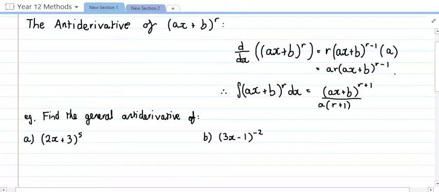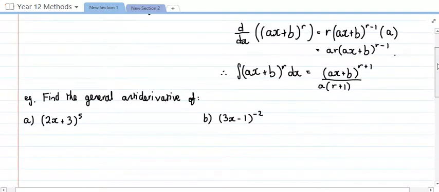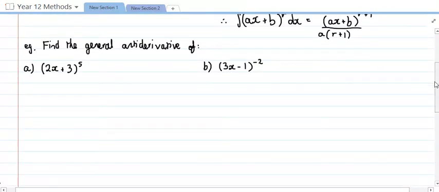So again, it doesn't work if r in this case is -1, and we have a special rule for dealing with that. So let's just see how it works in a couple of questions. Find the general antiderivative of these. So first things first, I'm going to write the antiderivative of 2x plus 3 all to the power of 5 dx is equal to, now it's going to be 2x plus 3 all to the power of 6, because I've added 1 on.